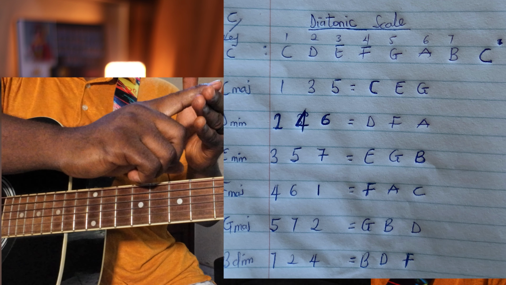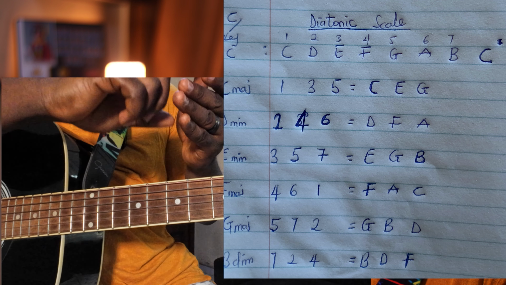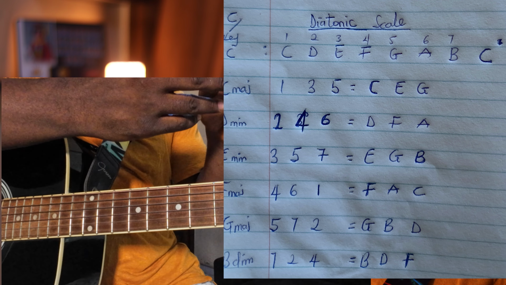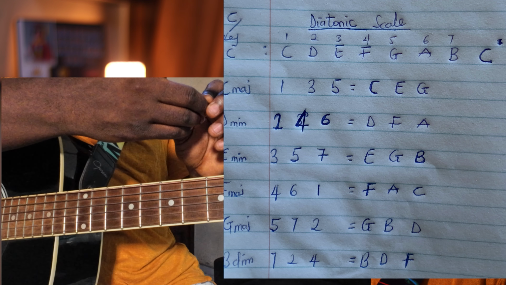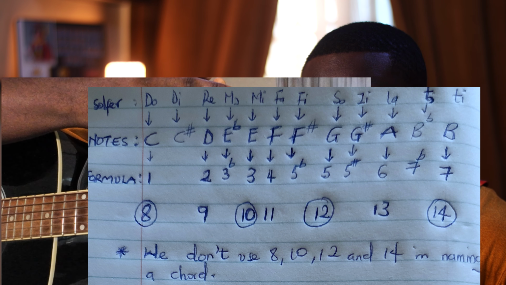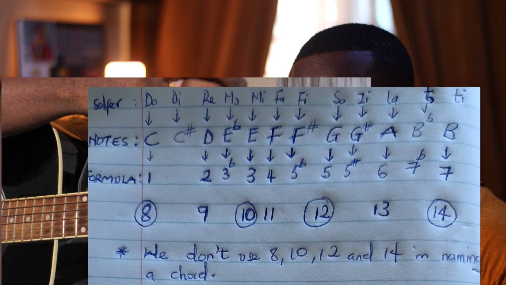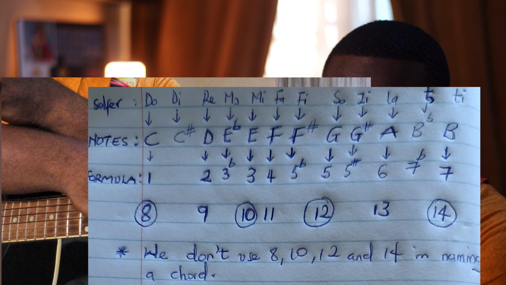Do is 1, re is 2, mi is 3, fa is 4, so is 5, la is 6, ti is 7, and 8, which is do again. But in guitar or in music we use 8 for the octave.